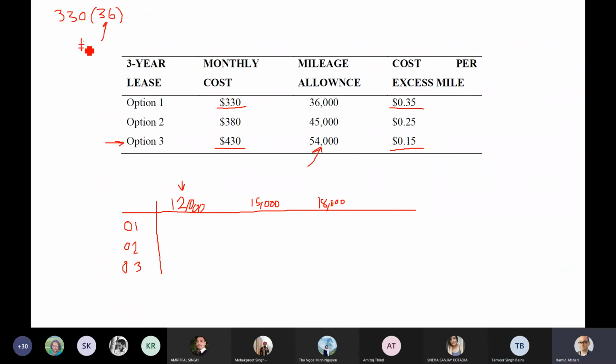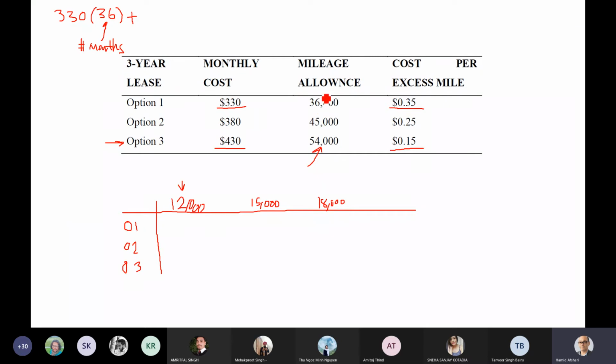So in 3 years we have 36 months. So 36 multiplied by the fixed cost for each month, plus how much is the variable cost under 12,000 miles? Does she need to pay extra cost? No, because everything is under control.